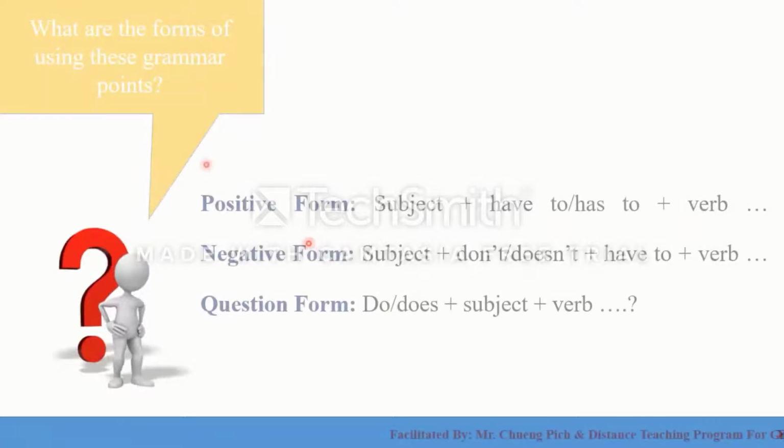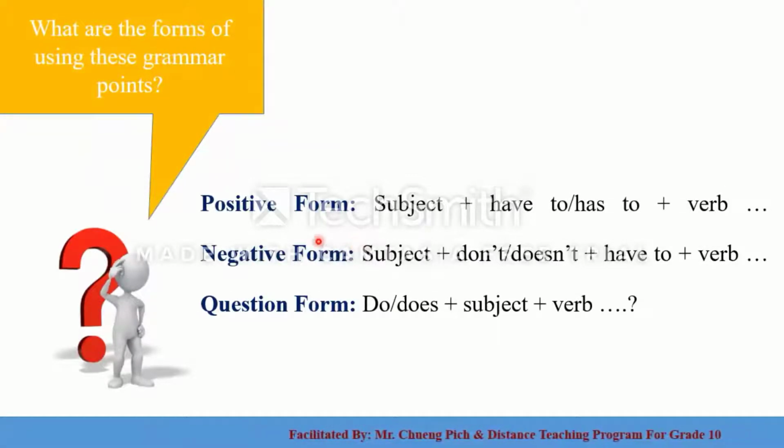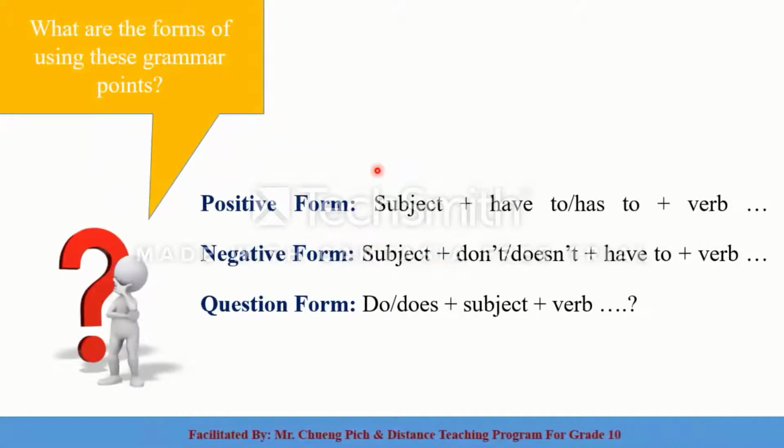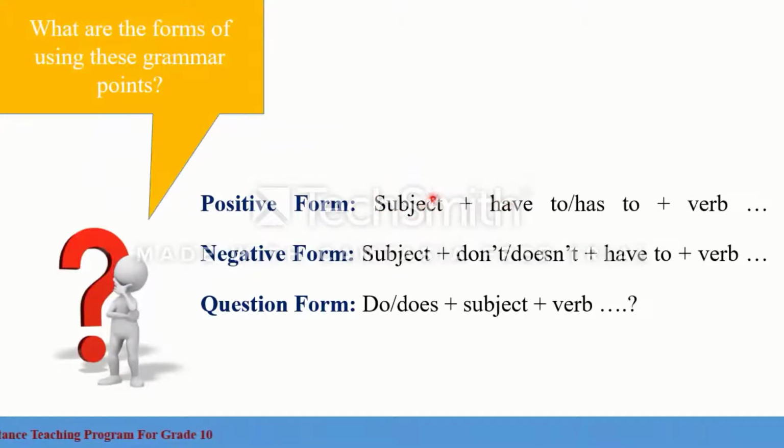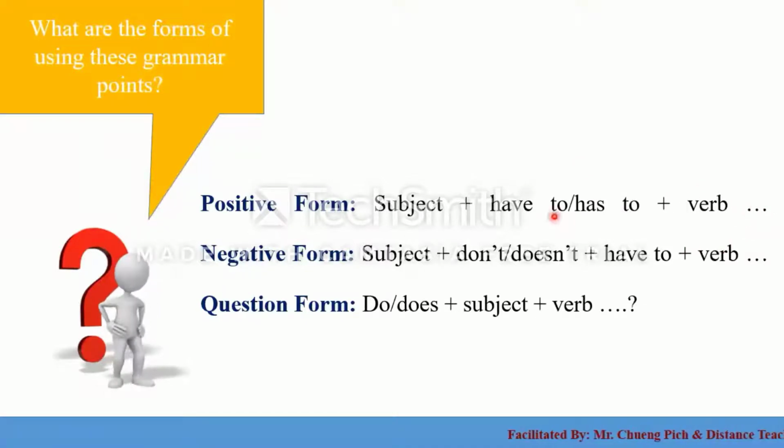So yeah, we have three different forms, right, when we talk about the basic sentence structure. The first one is the positive form. We have the subject, we place have to or has to according to the subject pronoun or the subject, plus a verb.